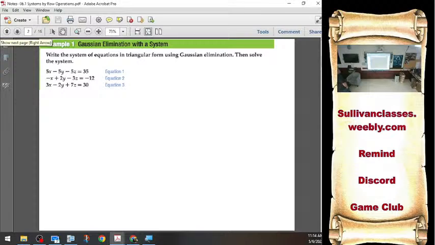Gone. Y. 1, negative 4, negative 5. Easy. Solve the 2-variable system, go back into the equation.